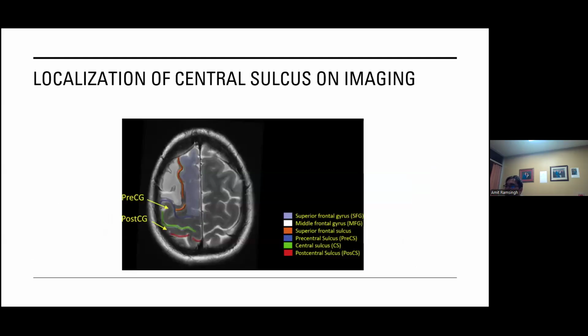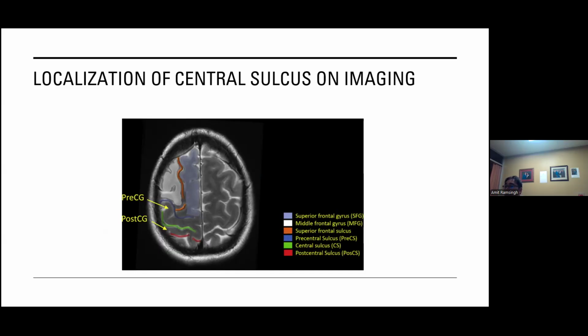This is a good MR image on the localization of the central sulcus. What we note here is that oftentimes there's a fair amount of variability in the anatomy from patient to patient.